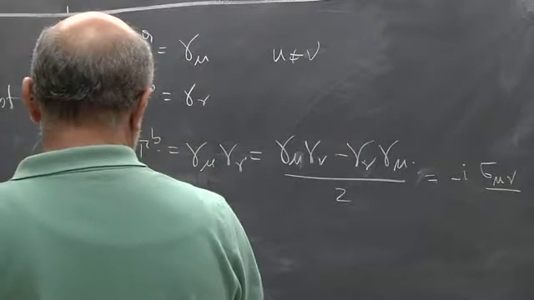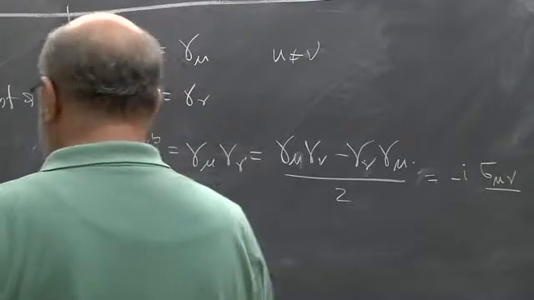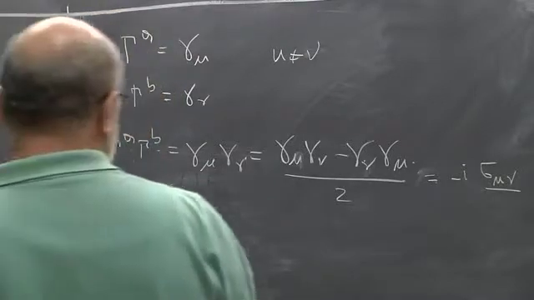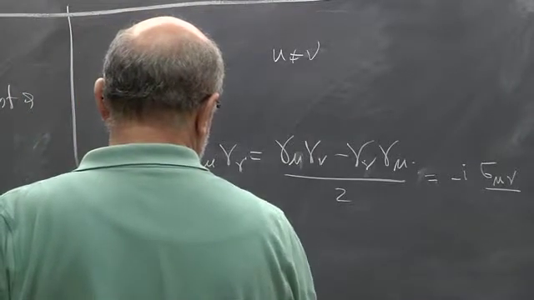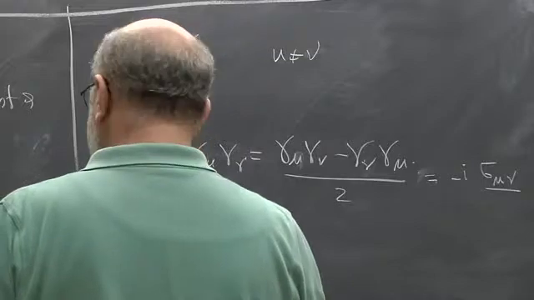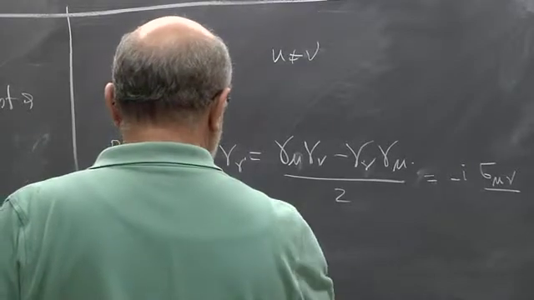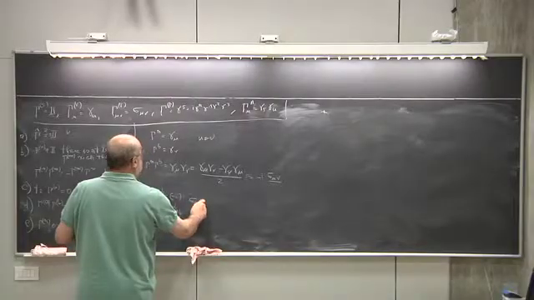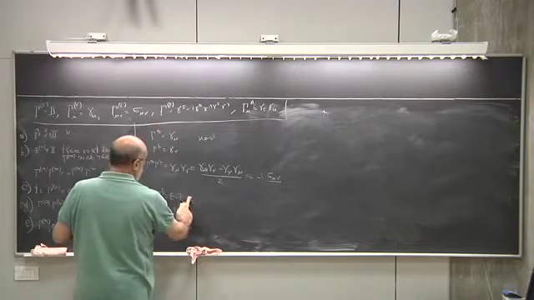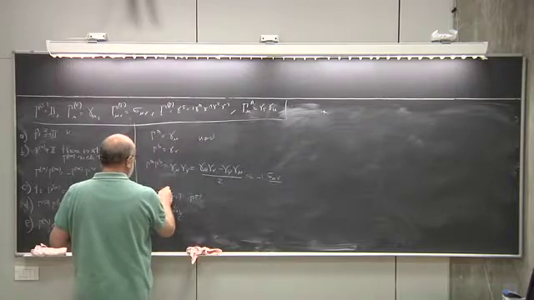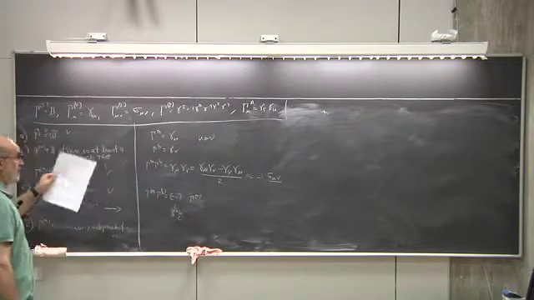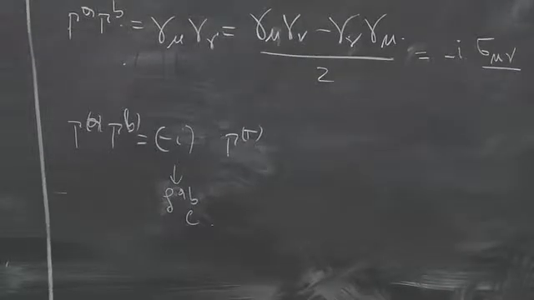So we have gamma A gamma B, and the coefficient this time is minus i, this is the coefficient f_ABC, and then sigma mu nu, that was the gamma tensor. So we checked, at least for one, it is easy to check for all of them.